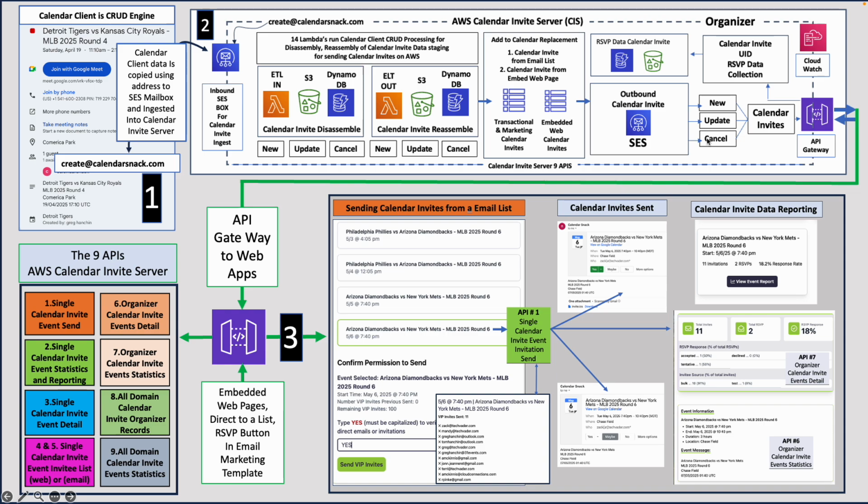And then if it is sent out using one of our 9 APIs, in particular single calendar invite send, we actually track the calendar invite receipt data back here in our organizer UID, and we collect the specific RSVPs as indicated by this console here for calendar invite data reporting.